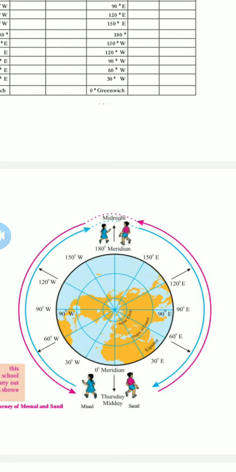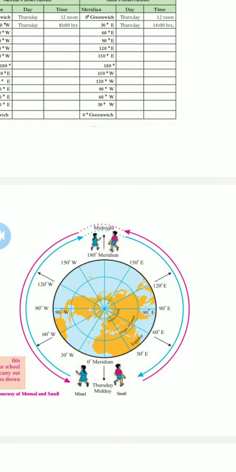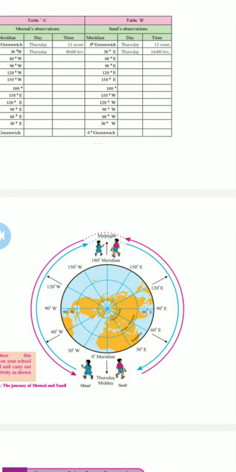Because one is traveling from the east and the other from the west. You observe this, you can write your own notes. If you take the west side, the timing will increase. If you take the east side, the timing will decrease. We'll see till here. Next we will continue in the next lecture. Thank you.